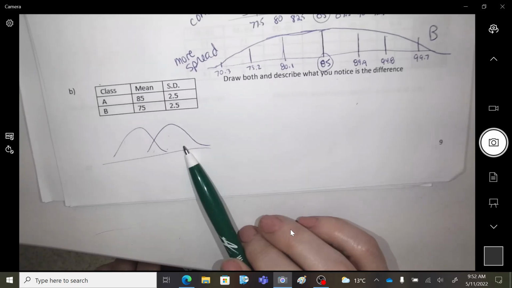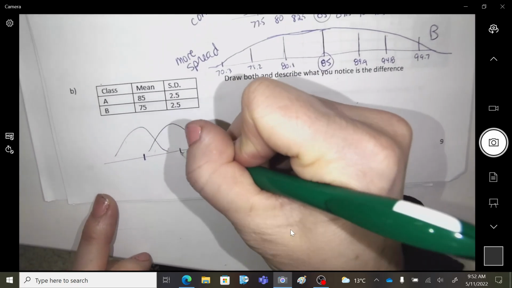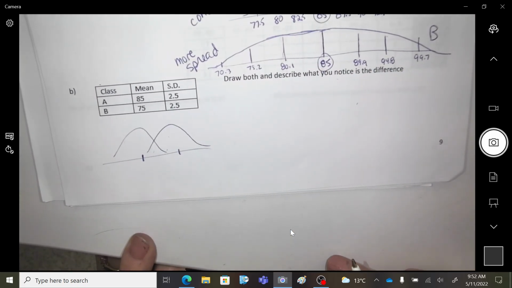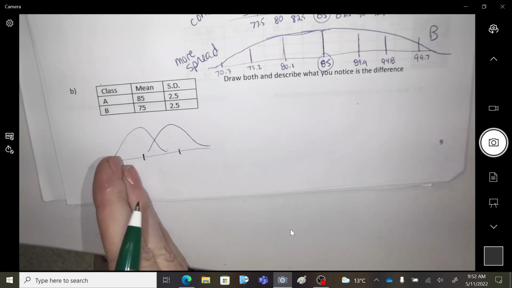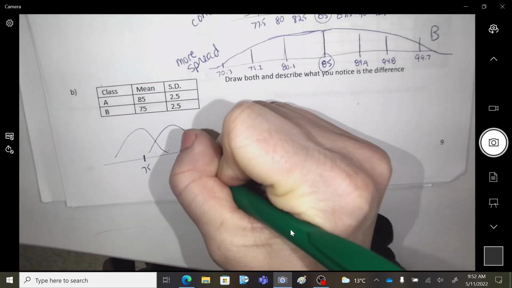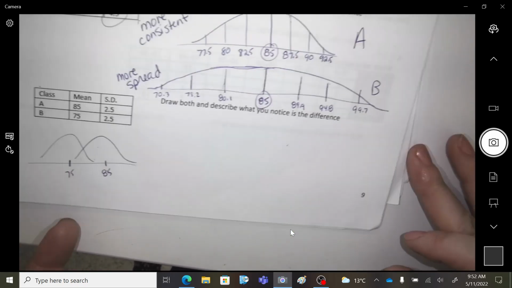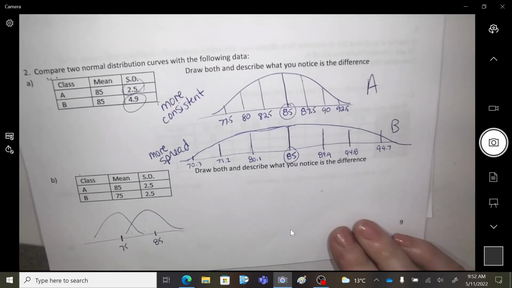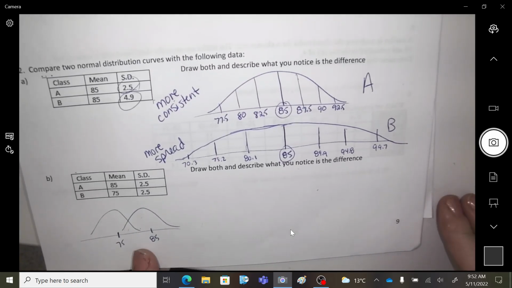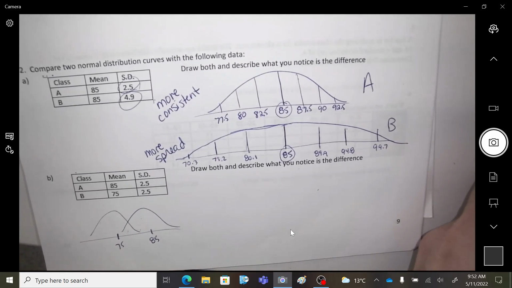They're going to have the exact same shape because they're spread out the same, except the middles are going to be different. So the middle of this one is 75 and the middle of that one is 85. So the middle is different, but the shapes are the same. Here, our middles were the same, but our shapes were different. Does that make sense?